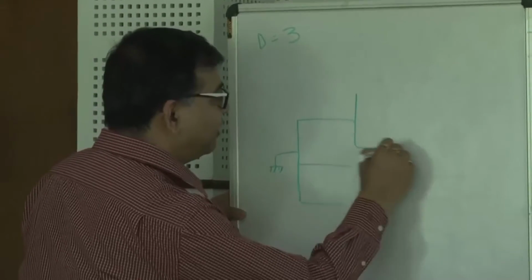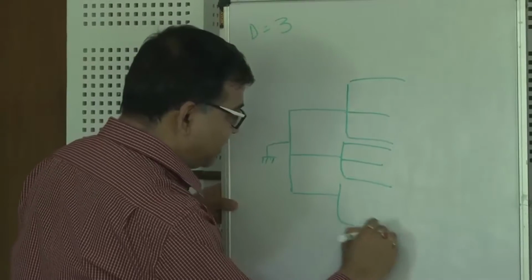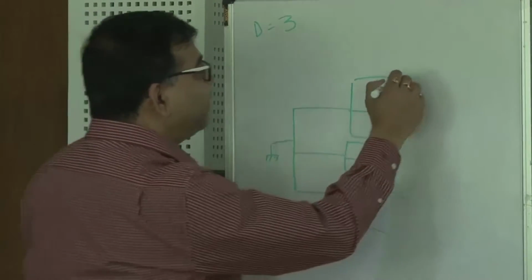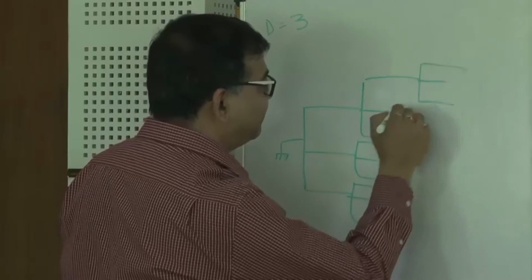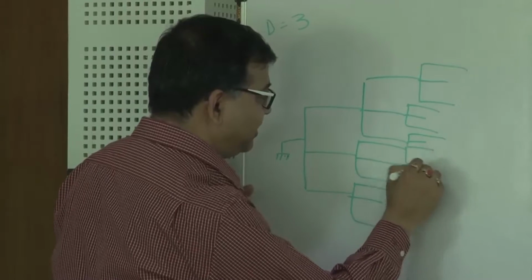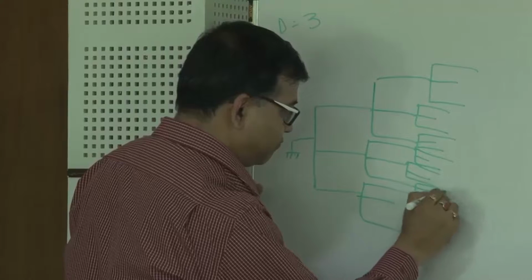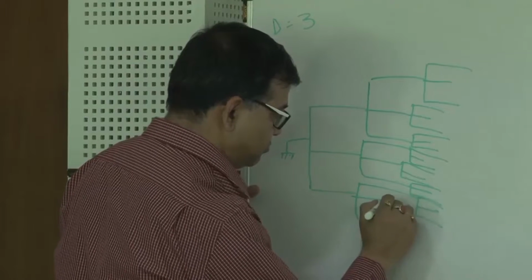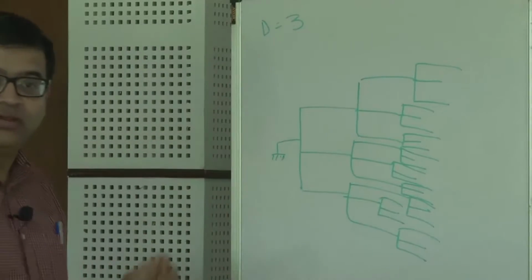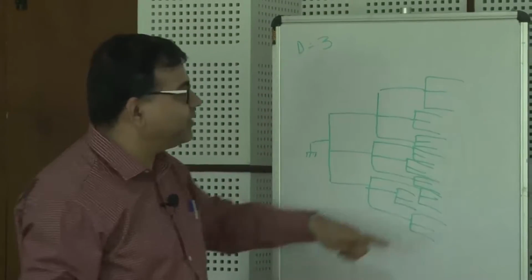I will have 3 leaves here, 3 leaves here, and 3 leaves here. That is a full D-ary tree. If I again extend it, making 3 leaves from each of these, that is full.